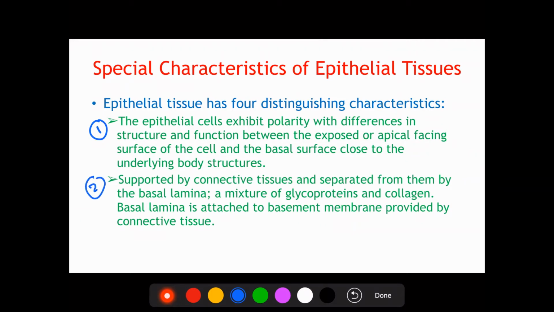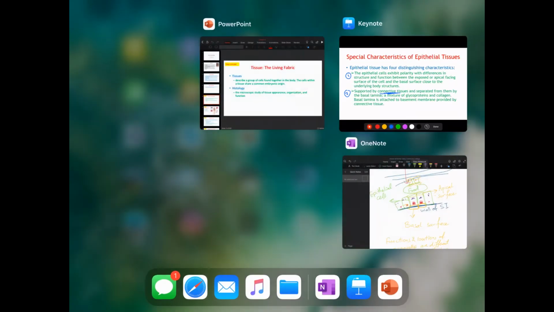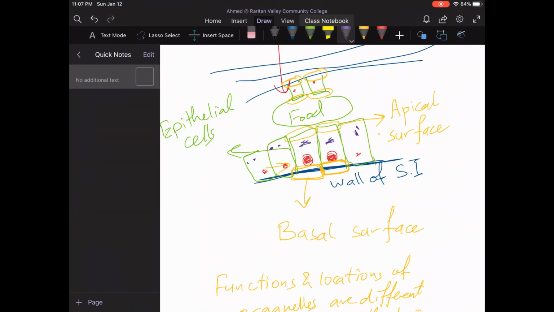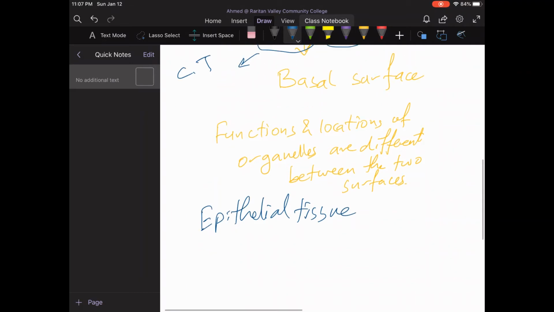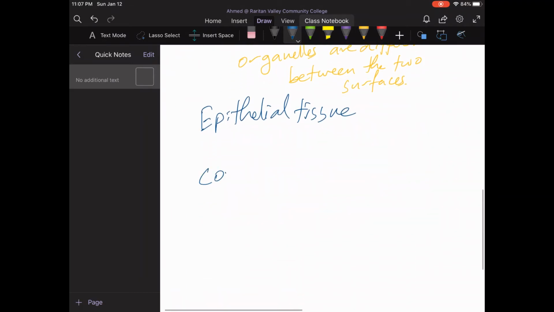Now, number two, epithelial cells are always supported by connective tissue. So here, for example, this layer beneath it is connective tissue. Whenever you find epithelial tissue, beneath it, it will be connective tissue.